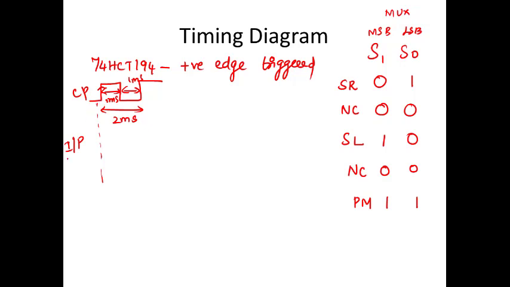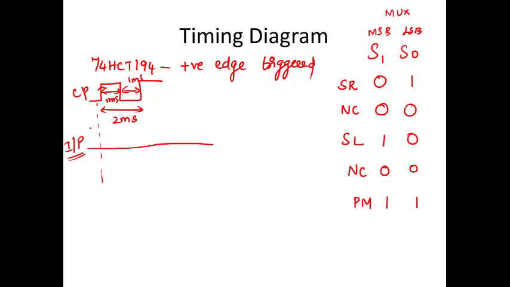So only if your input is present before your rising edge, we can see easily how your 74HCT responds to your input. So from the rising edge of the clock, for the entire clock cycle, whatever your input is, that input will be present in the output. Okay, or that input will be transferred to your shift register.